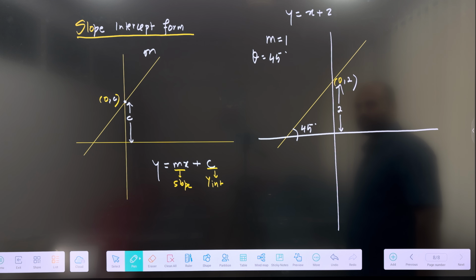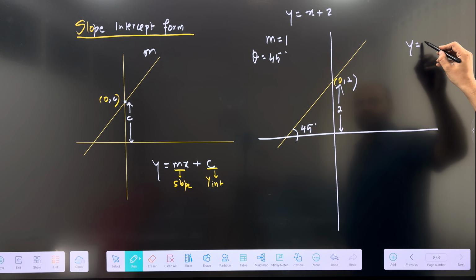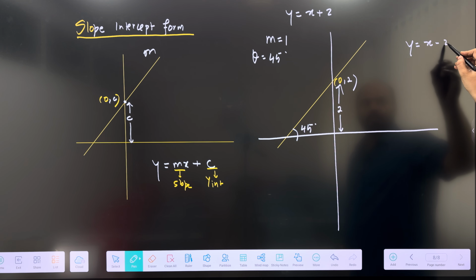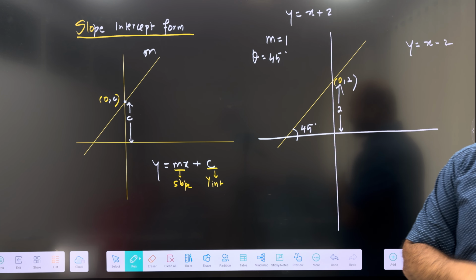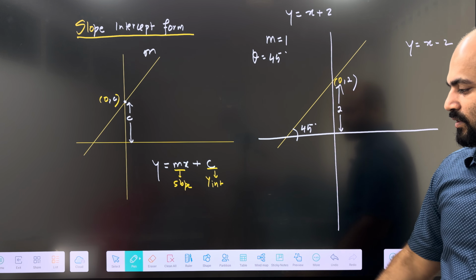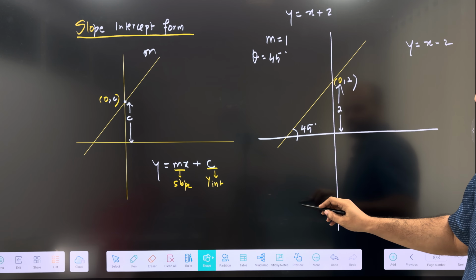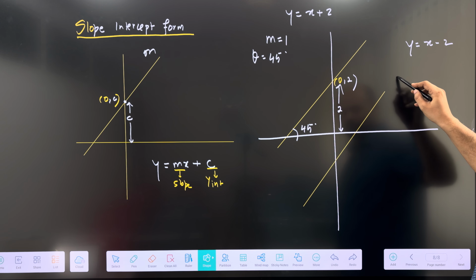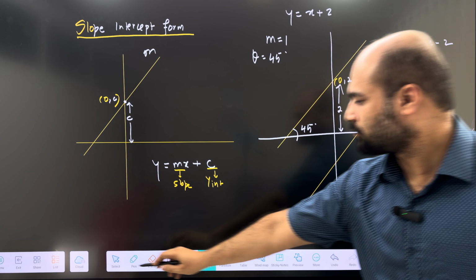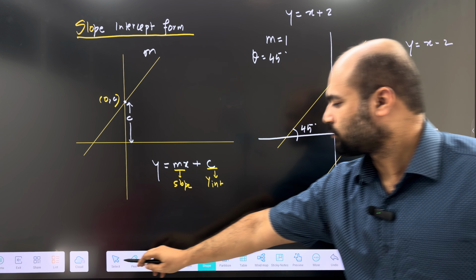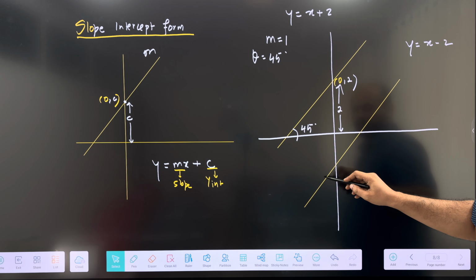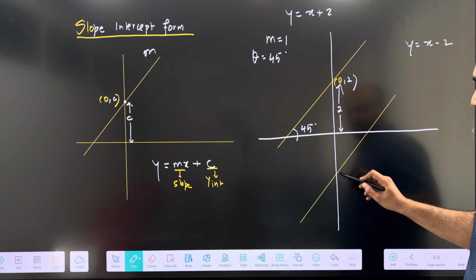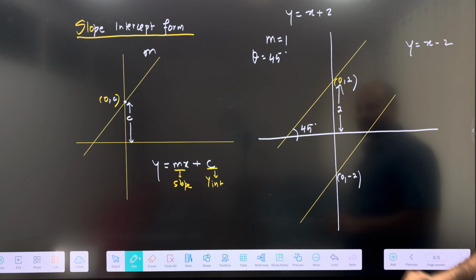Let's take another example. Suppose I tell you that y is equal to x minus 2 is the line. How do I plot this? For that, we are going to bring it down a little, because this point has to be symmetric, 0 comma minus 2.